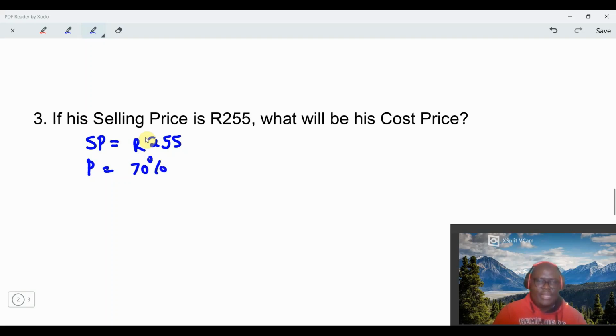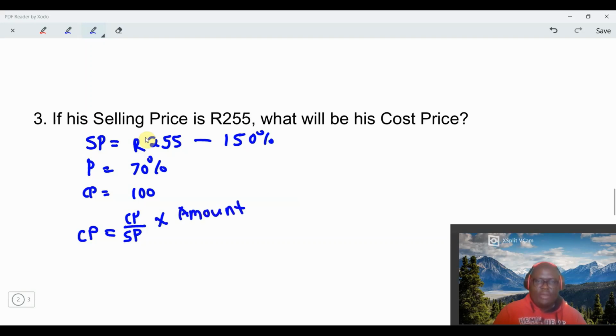And then the cost price is 100. And we know that this selling price that we are given is at 170%. So now you want to be able to get your cost price. So it means that cost price, when you get it, will be cost price percentage over selling price percentage times the amount.